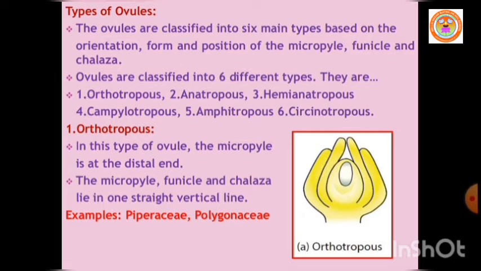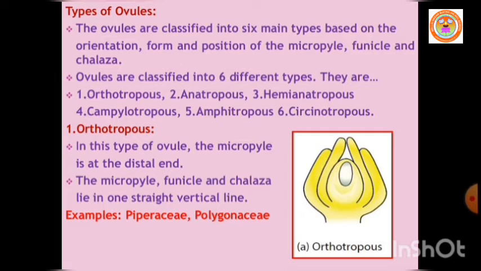Various parts of the ovule were discussed, and you may remember inside the ovule the embryo sac is found. Embryo sac is also called the female gametophyte. In the coming class, we are going to discuss the female gametophyte also. Let us start.